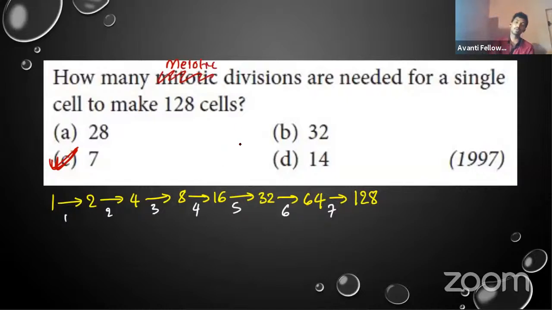I'm not launching a poll, so you have to answer in the chat box. How many meiotic divisions are needed for a single cell to make 128 cells? Can anybody answer me?